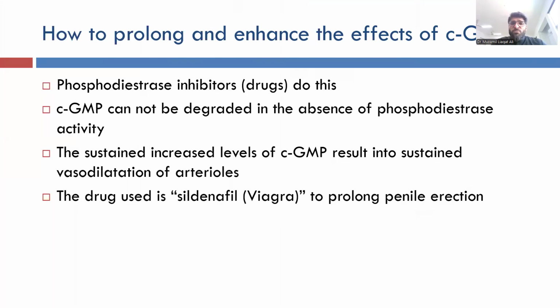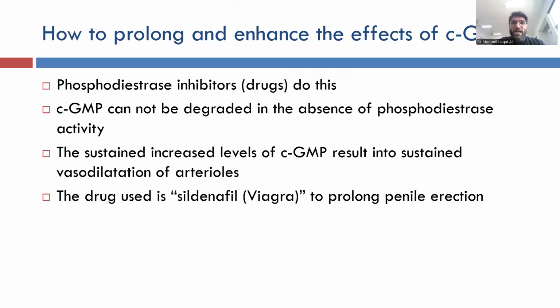This is one of the most important clinical correlations in the entire lecture, right? In the corpus cavernosum and pulmonary vasculature, PDE5 is the main enzyme that breaks down cGMP. Sildenafil or Viagra, tadalafil, or vardenafil are selective PDE5 inhibitors. They block the degradation of cGMP.